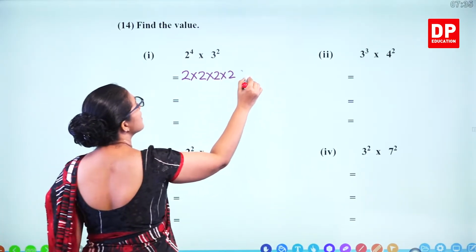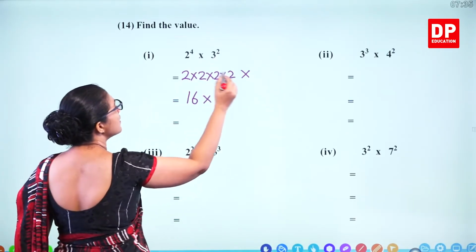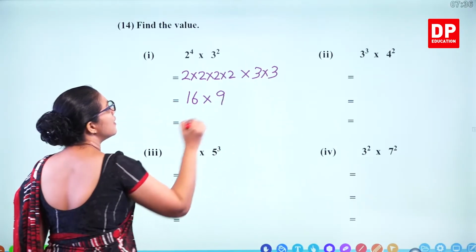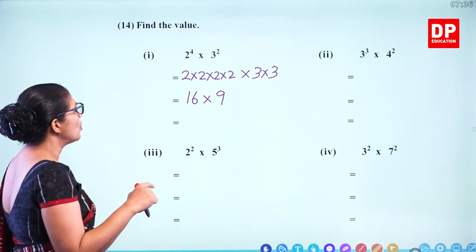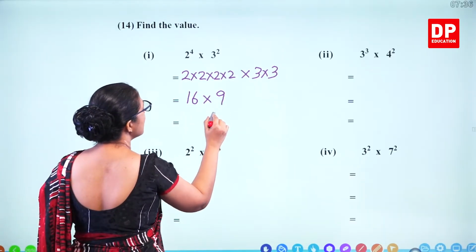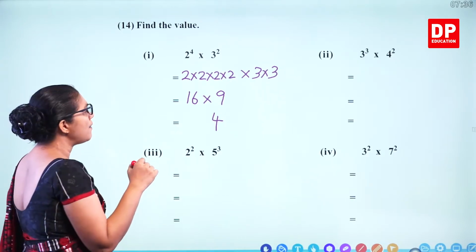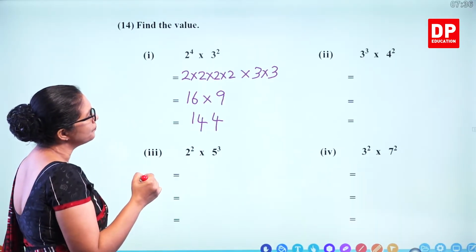You can write 16 there. 3 squared, 3 into 3, that's 9. Now you can multiply these two. 9 times 6, 54. 9 times 1, 9. 9 plus 5, 14. So 144.